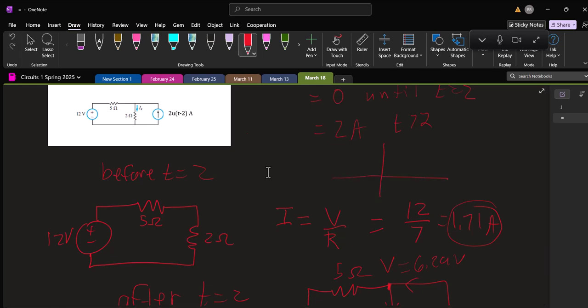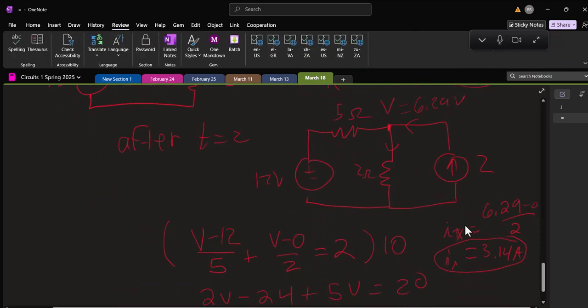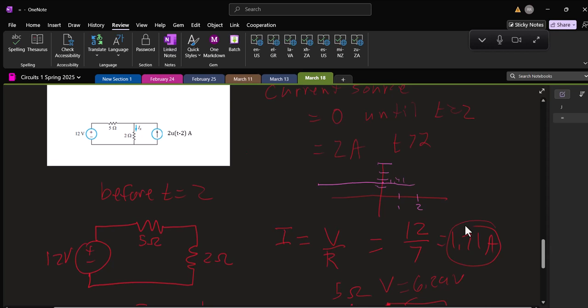So it looks like this. So 1.71. What's the second value again? 3.14. Which I would like to say I made it on purpose to be pi, but I didn't. So it would just look like that.